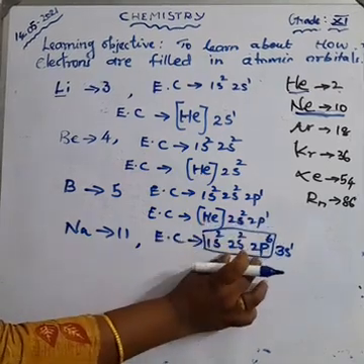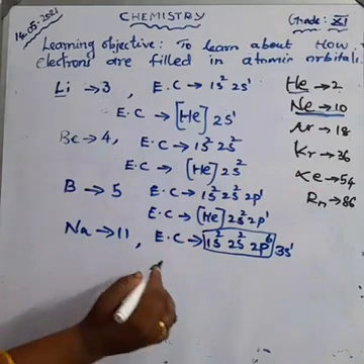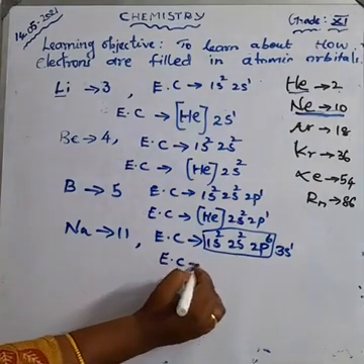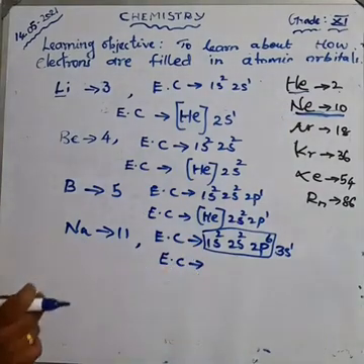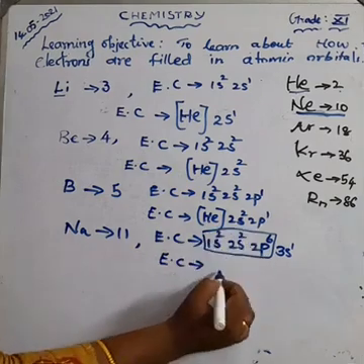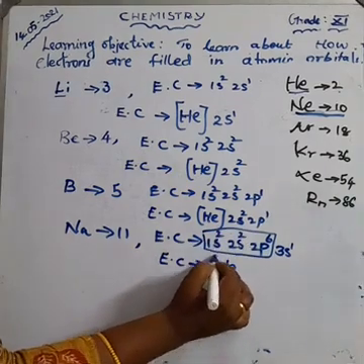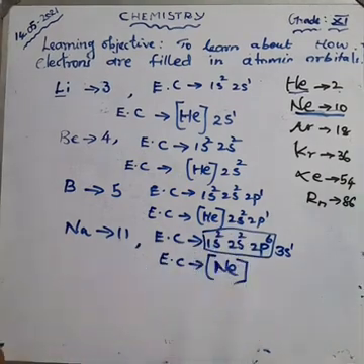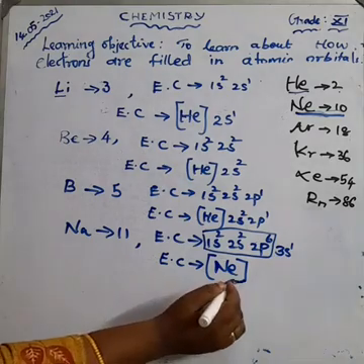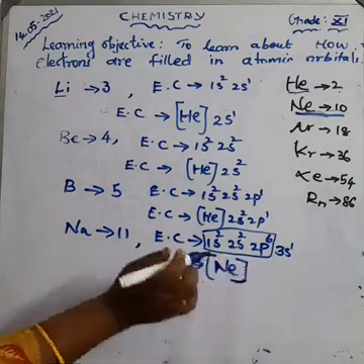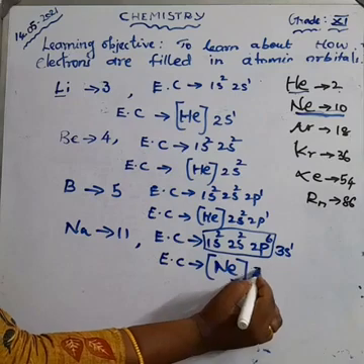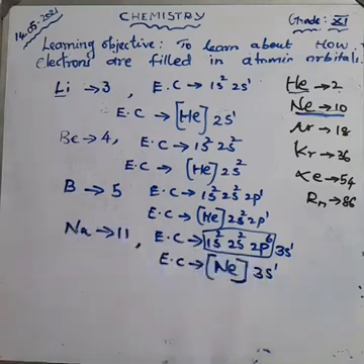For 10 electrons, we can use neon. So how will you write the short form for the electronic configuration for sodium? Neon, we can take the stable electronic configuration neon and then 3s1.